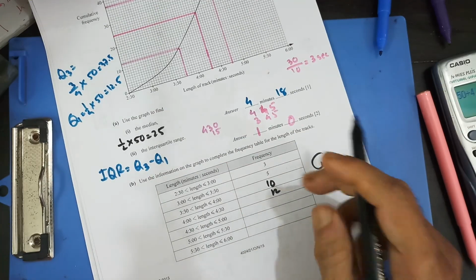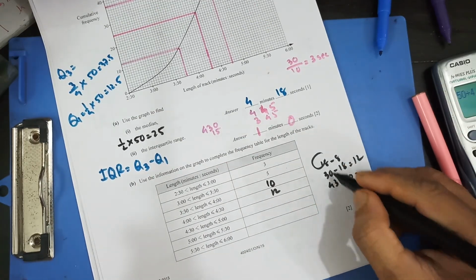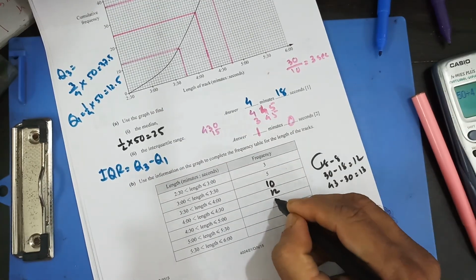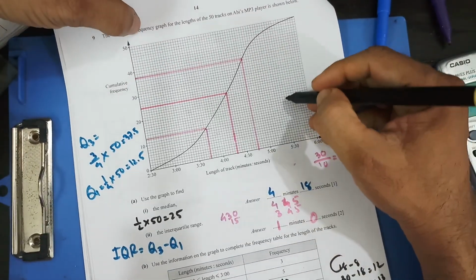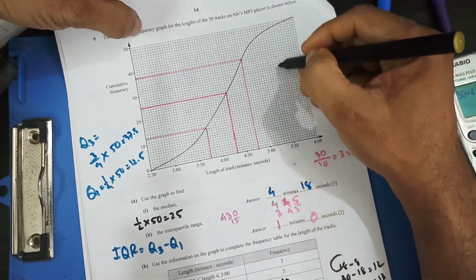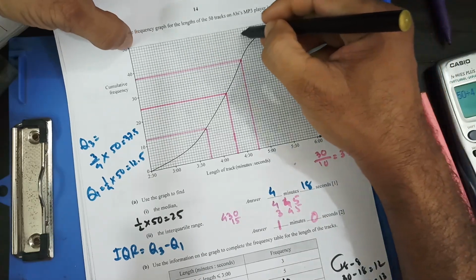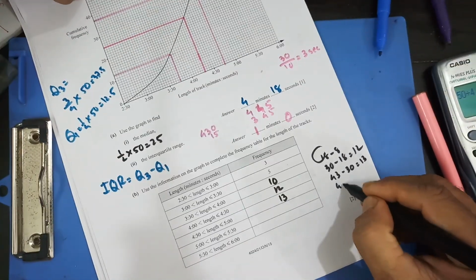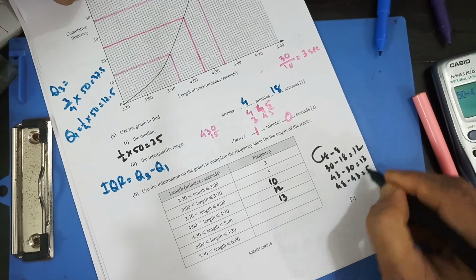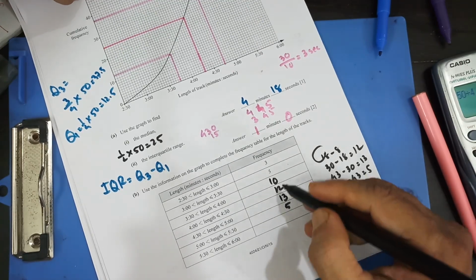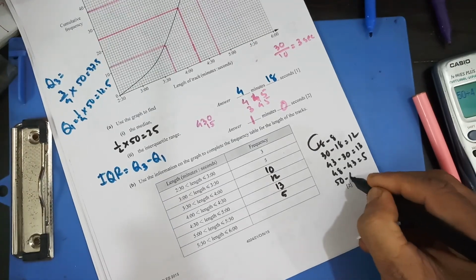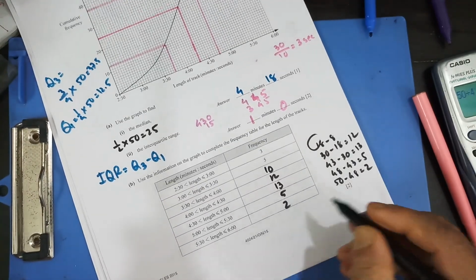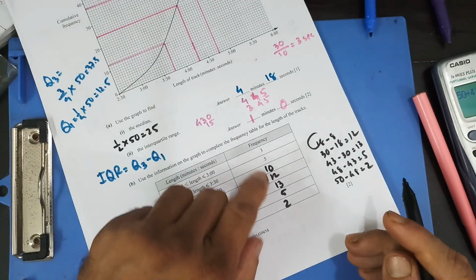From that we are subtracting the previous ones and collecting the frequencies. And then 5:30 over here, it's going to be 48 minus 43, that's 5. And the rest of them is 50 minus 48, equal to 2. So this is 2. This whole thing is supposed to be 50.